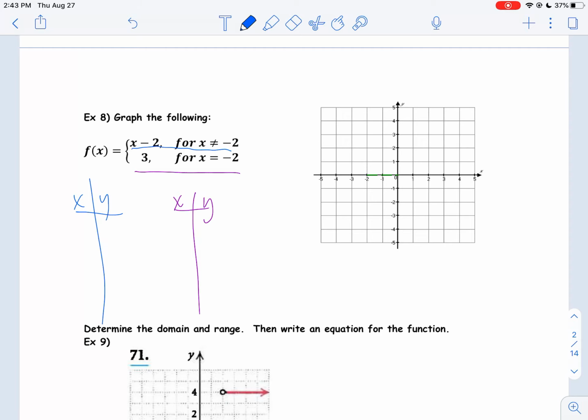Okay, so we want all the values when x is not equal to negative 2. So I'm just going to go negative 4, negative 3, negative 2, negative 1, 0, 1, just to get a feel for it. And you might be saying, wait, Rasi, why are you doing this? Like, it's not supposed to be equal to negative 2. But remember, we want an open circle at that spot, and we need to know where to put that open circle.